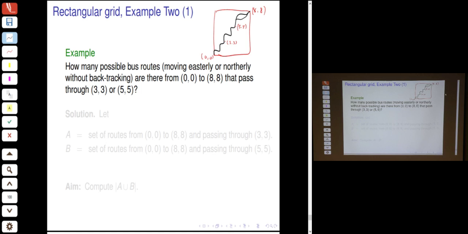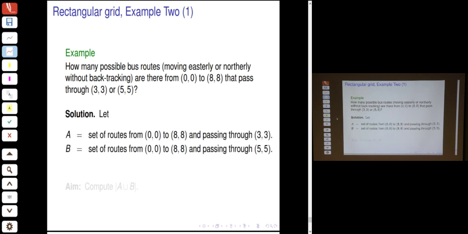You can go to here, and then maybe you go somewhere, or you can go somewhere here. Where's the eraser? Anyway, you don't need to go through both of the two middle points. As long as you go through one of them, it's fine.